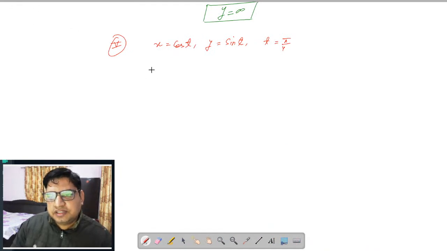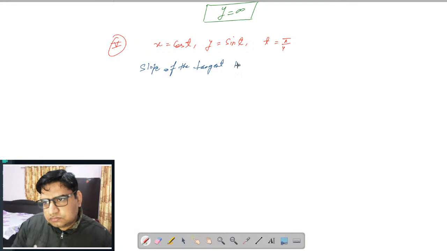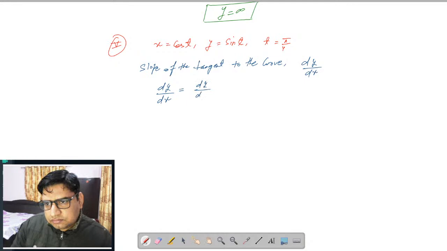so in order to find the slope of the tangent to the curve, which is dy by dx, what we do here is we'll simply write dy by dx is equal to dy by dt upon dx by dt.